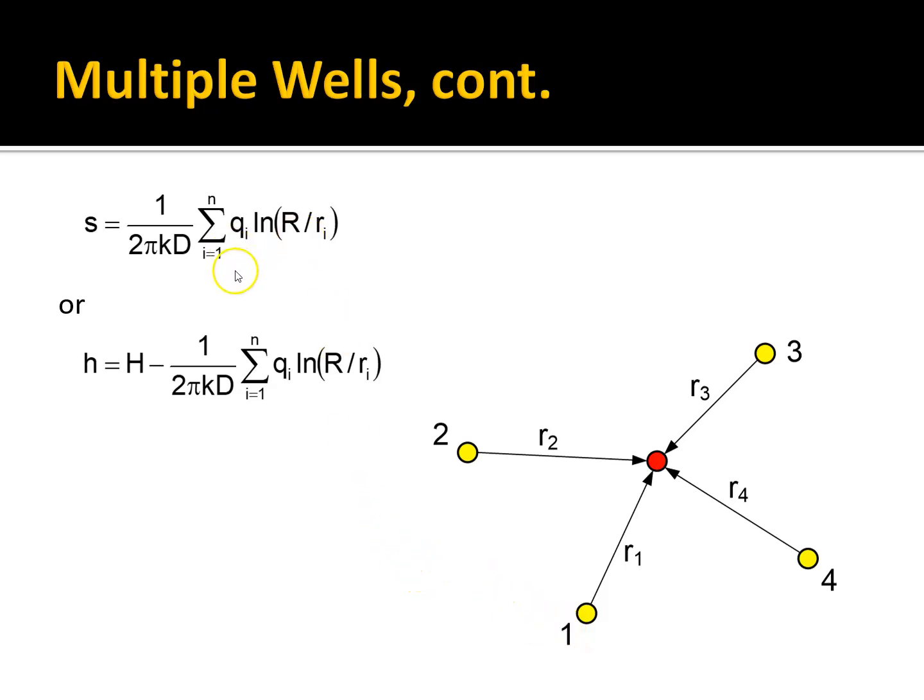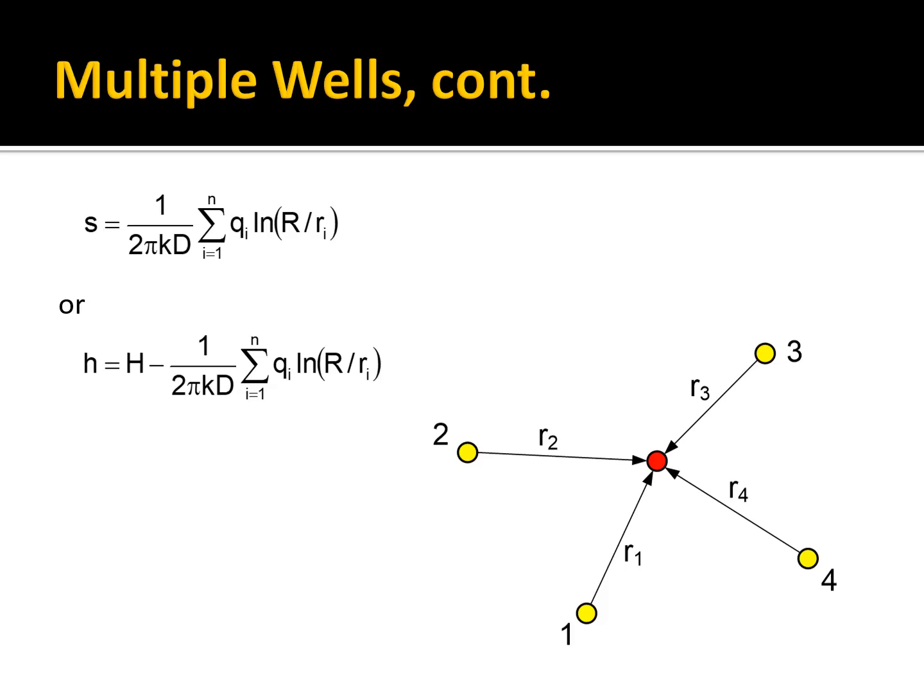And this is a simplified form of that equation. Instead of doing it in terms of drawdown, if you do capital H minus lower h and move capital H to the other side, this equation will give you the head at any point. So you could lay a grid on top of this and then use this equation to calculate the head at each grid cell and get a map of the potentiometric surface as a result of pumping from these 4 wells.